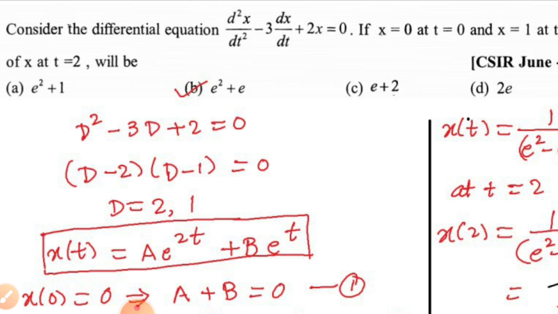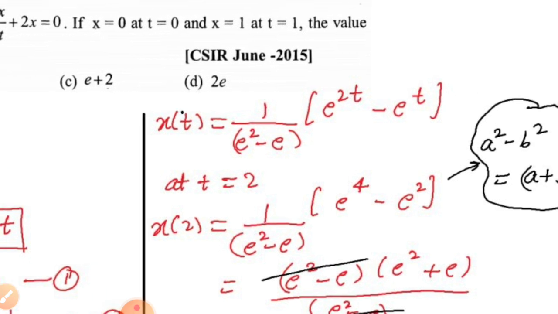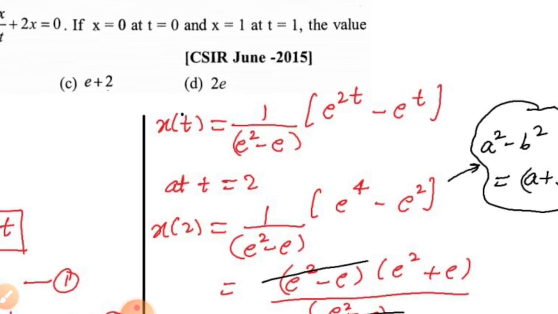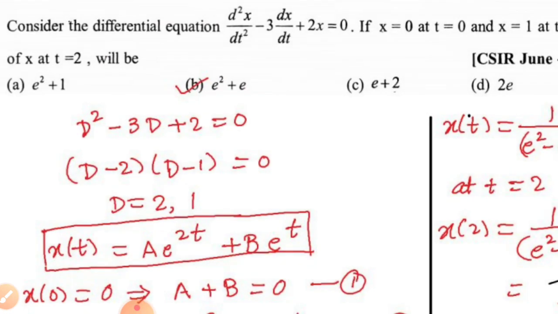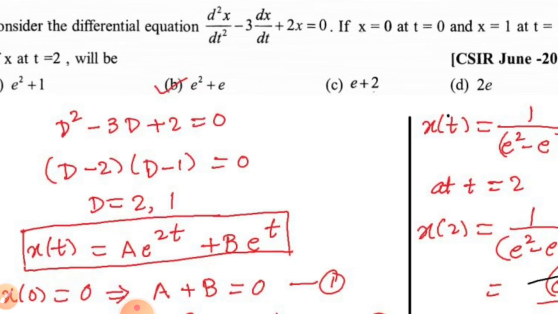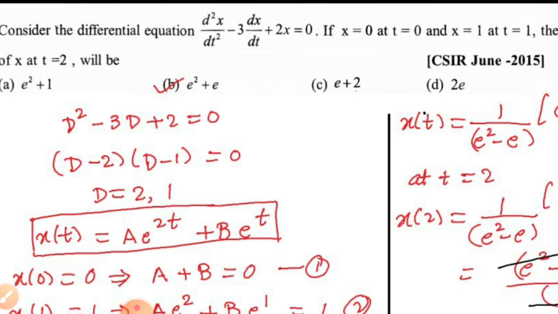Then we used the given conditions, t equals 0, x equals 0, and t equals 1, x equals 1, to find the constants a and b. When we obtained the constants, we wrote the particular solution of this differential equation as x(t) equals 1 by (e square minus e) into (e to the power 2t minus e to the power t). By putting t equals 2 as asked in the question, we find the desired answer as option B, e square plus e.